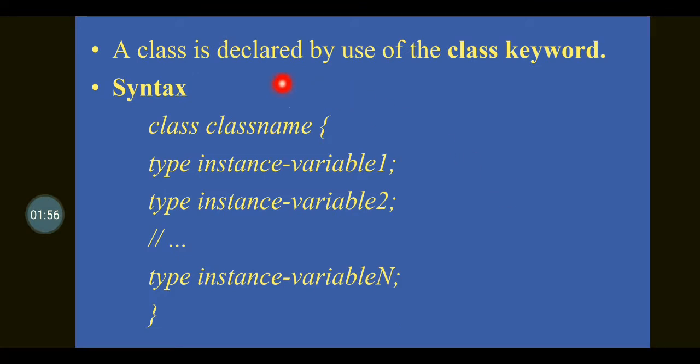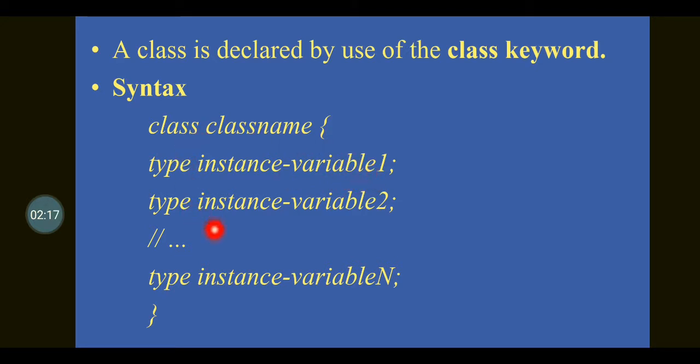So in Java, the syntax to create a class is to use the keyword class, followed by the class name, and within the braces we have to declare the members, that is data type followed by instance variable.